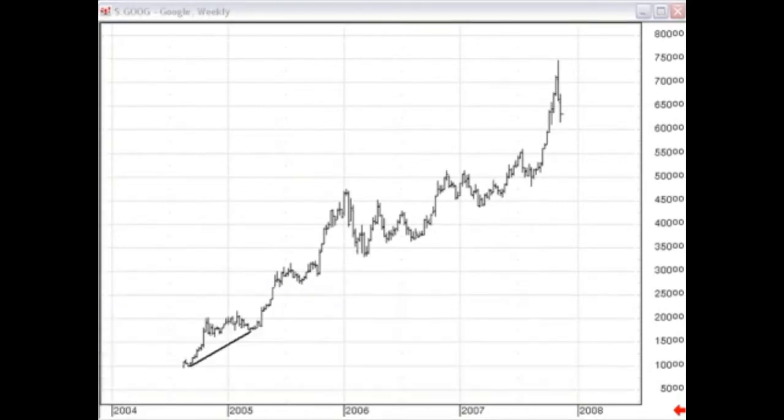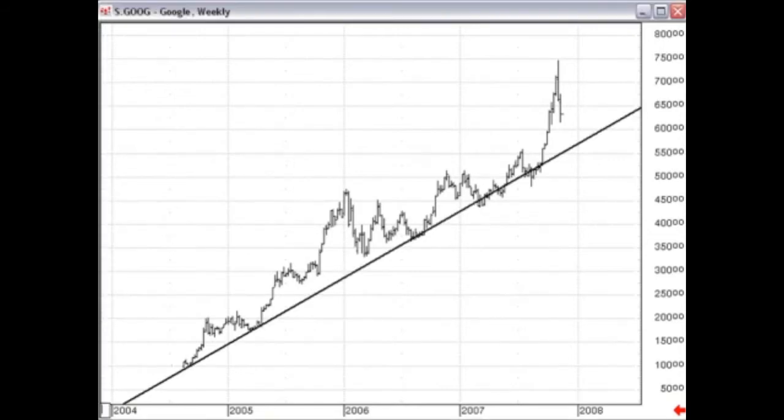Excuse the pop-up. As you can see, this one little trend line we drew between the lows in 04 and the lows in 05 actually was consistent and provided support for a number of instances, for a number of retracements or counter trend moves within the advance that we've seen in Google since then.